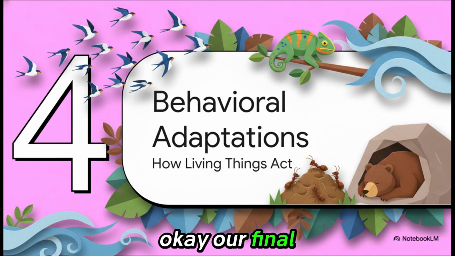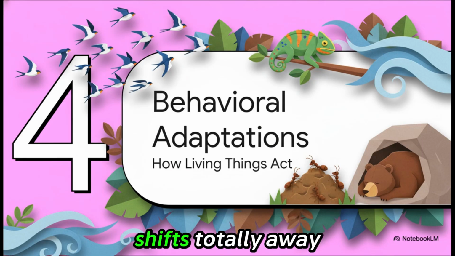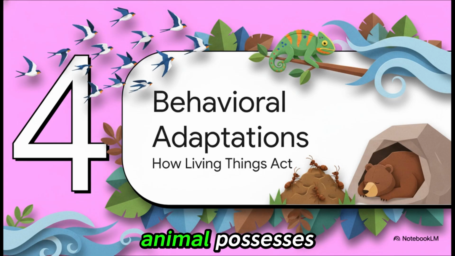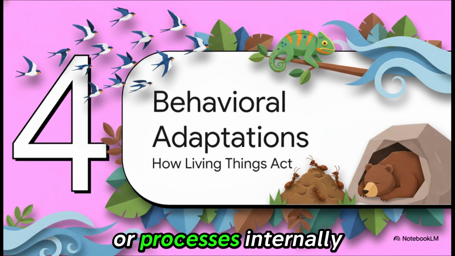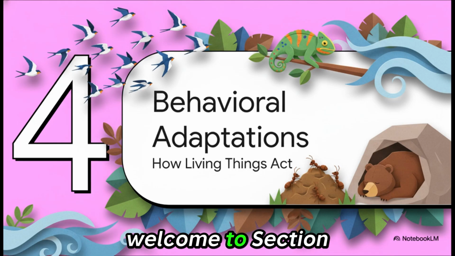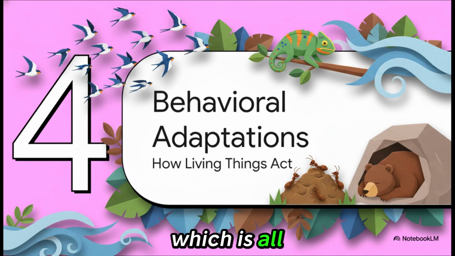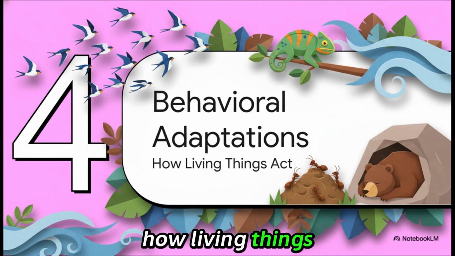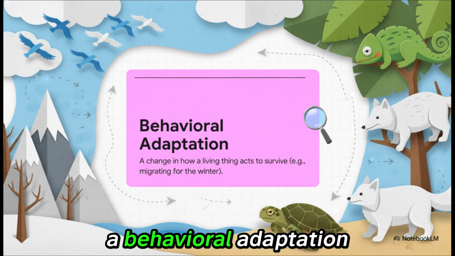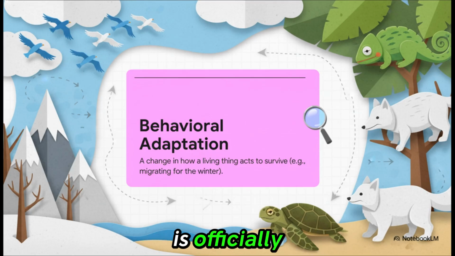Okay, our final subcategory shifts totally away from what an animal possesses or processes internally. Welcome to Section 4, Behavioral Adaptations, which is all about changes in how living things act. A behavioral adaptation is officially defined as a change in how a living thing acts to survive.